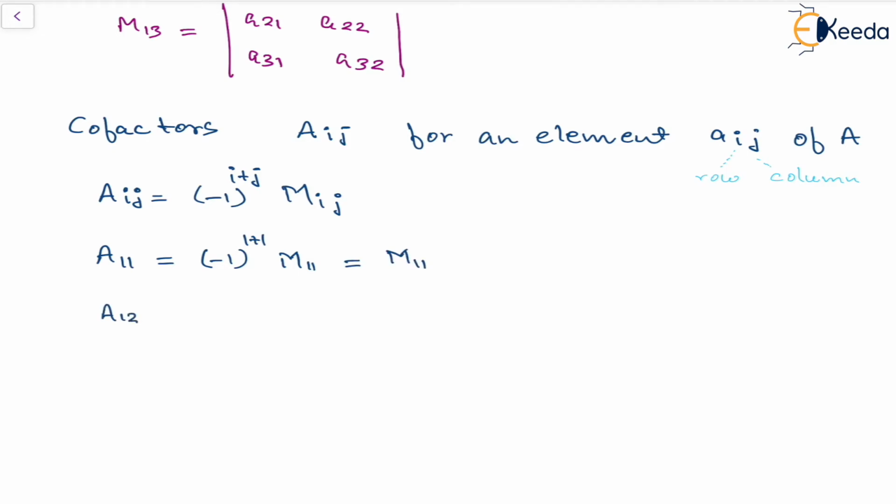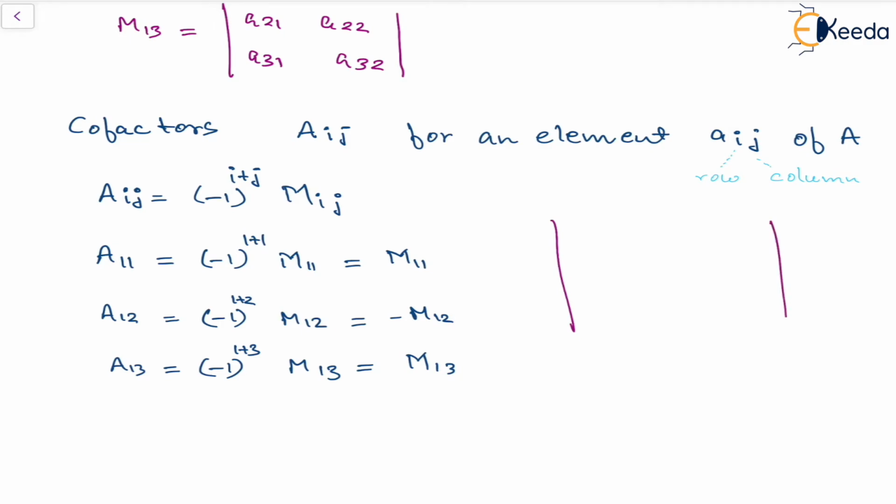Whereas talking about A12, this will be minus 1 to the power of 1 plus 2 times the minor M12, which is minus M12. Again, A13 will be minus 1 to the power of 1 plus 3 times the minor M13, which is simply M13. So we can see that there are some positions at which the minors are the same as cofactors, and at some positions it is the negative of it. And in general, we can say this depends on the odd and even positions.